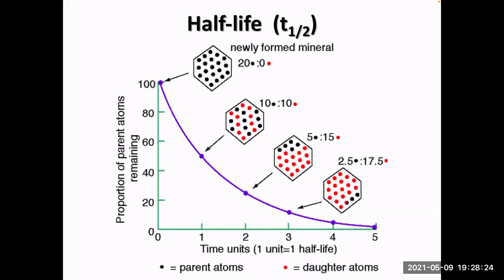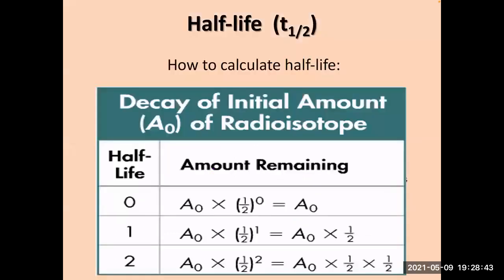Then after a second half-life, half of the remaining original atoms have decayed, and the rest are now my new elements, and so on and so forth. So it's just showing you that everything is dividing in half as we go.